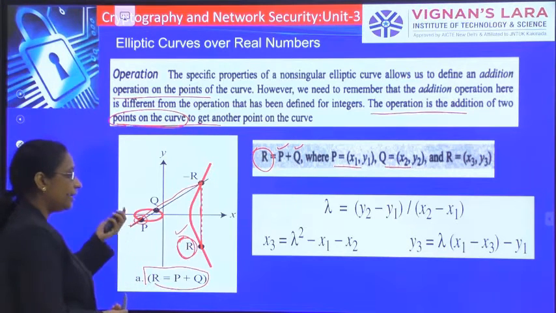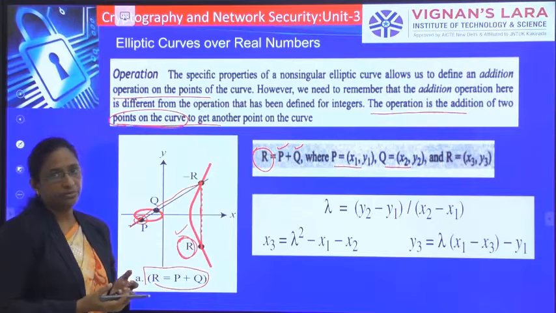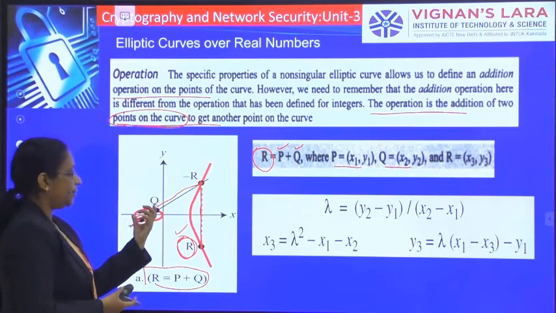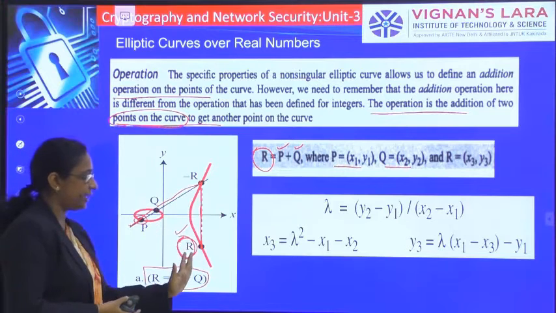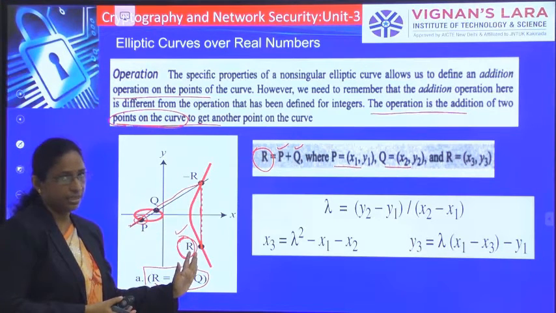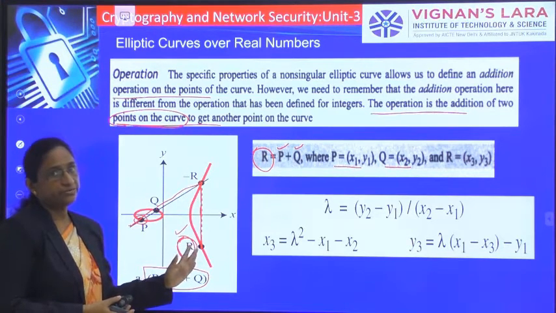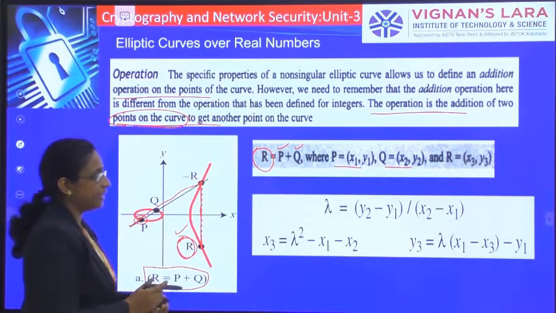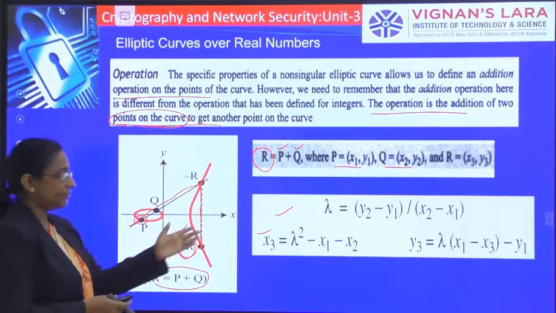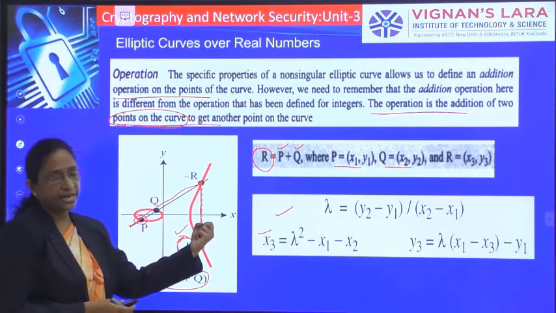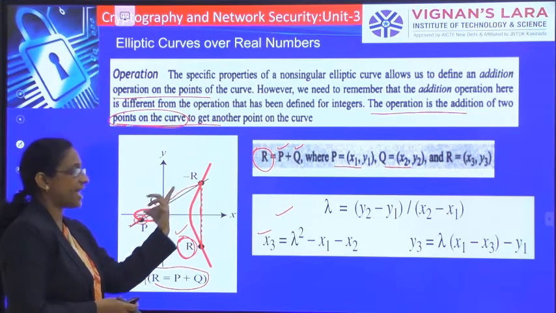Every time, taking those 2 points, drawing a tangent line and reflecting it to the other side of the curve is very difficult. For that, they have derived the formulas for you, based upon this tangent line.